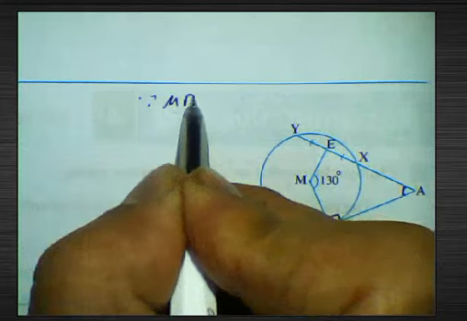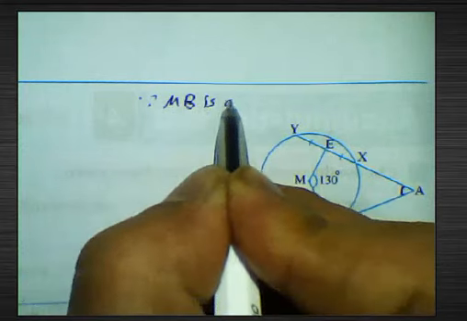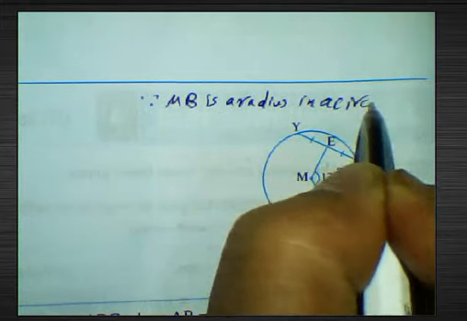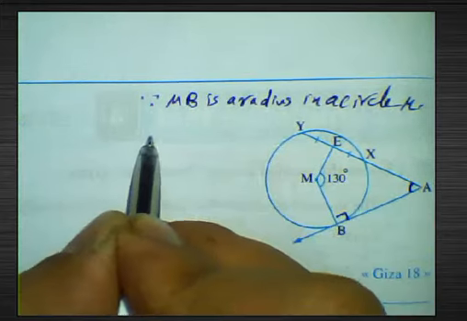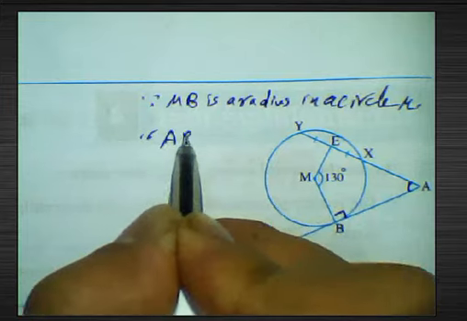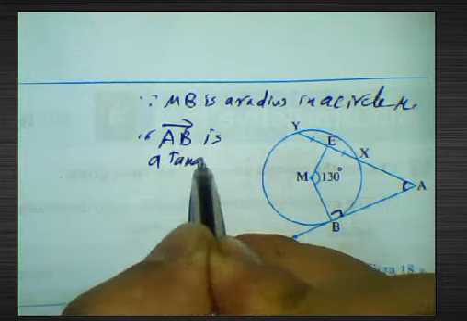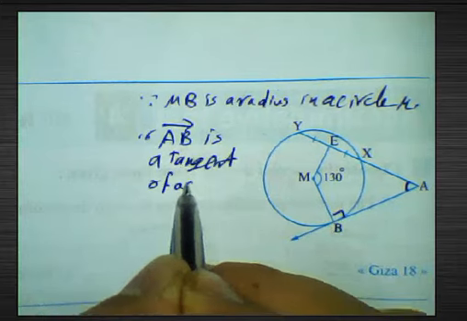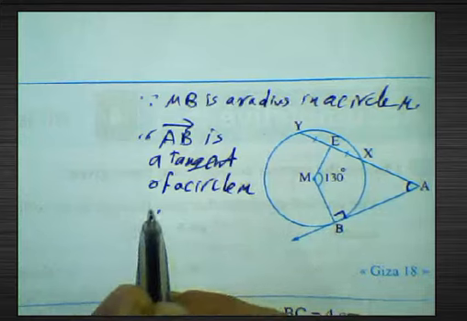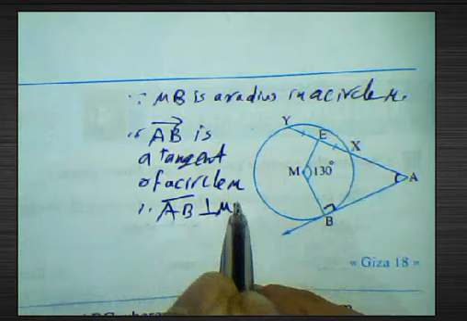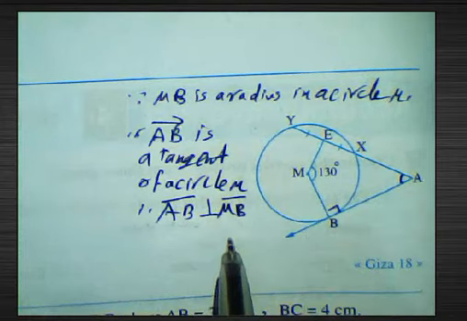We know AB will be perpendicular to MP, such that MP is the radius in a circle M, and AB is a tangent of the circle M. Then AB will be perpendicular to MP.